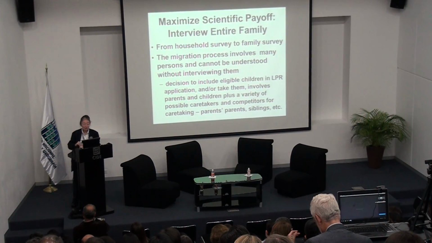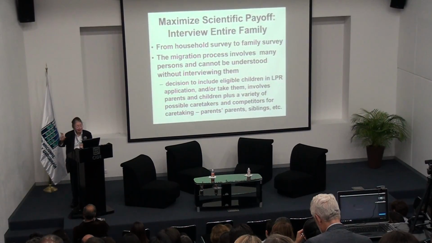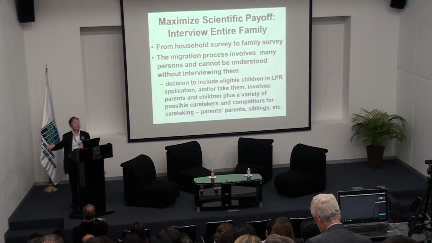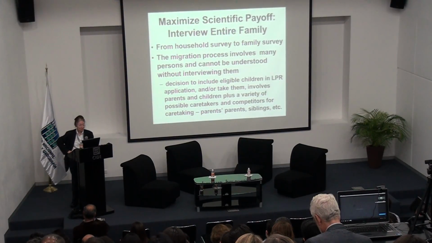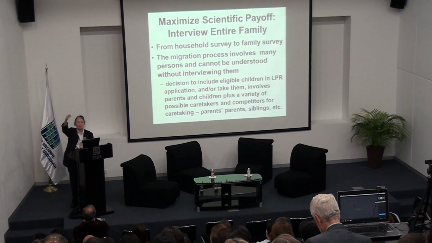So, for example, the decision to include eligible children in an LPR application and or to take them to the United States involves lots of people. Parents, children, a variety of possible caretakers, and competitors for the caretaker's time. So you need siblings, children, parents, you need lots of people.